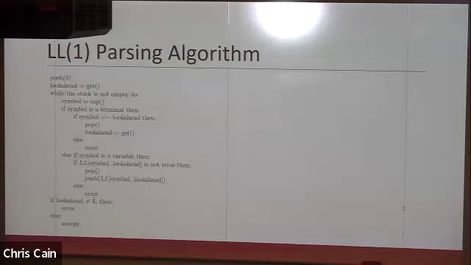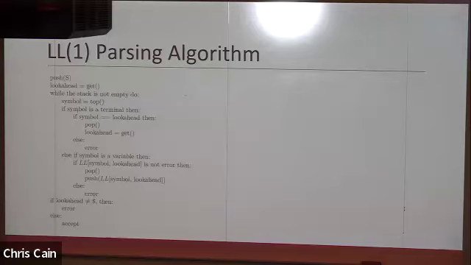If it's a terminal, then if the symbol is the look ahead, then do a shift, which is the equivalent of a pop, and get the new look ahead from the string. Otherwise, if there's no possible way to produce that symbol, then you have an error. There's no way to replace that terminal with something else. So the terminal, by the time it's on the top of the stack, needs to be the next character in your string's look ahead.